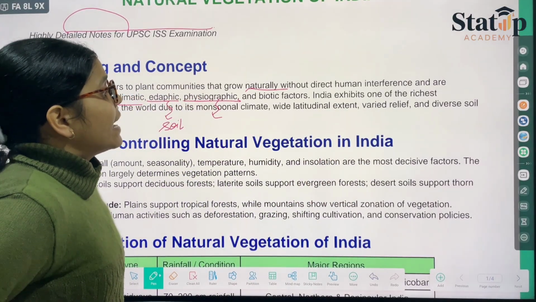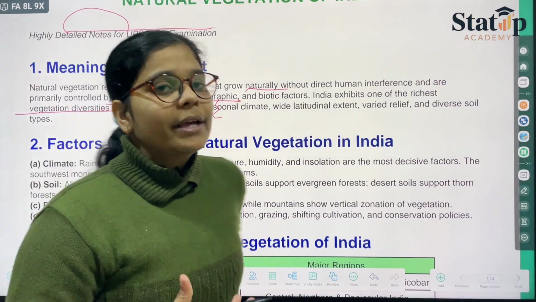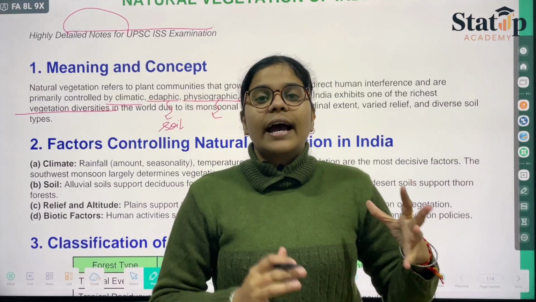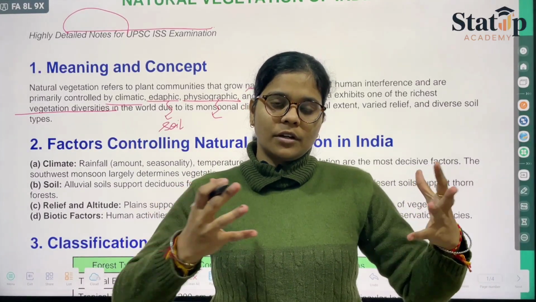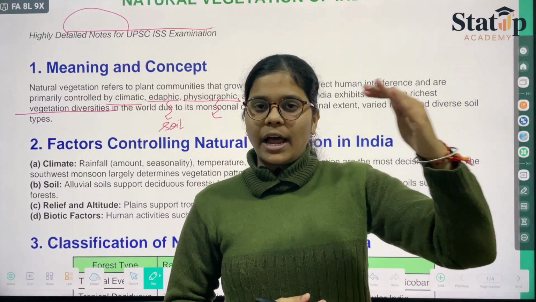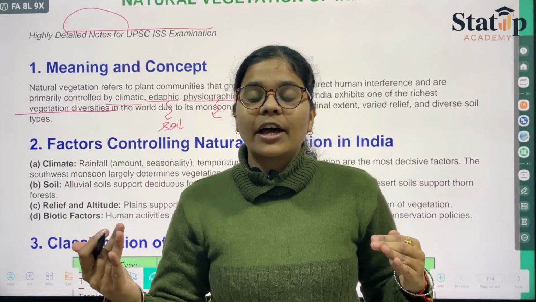Then we have: India exhibits one of the richest vegetation diversities. On this, the question could be asked, why is it said that India has diverse vegetation? You will have to explain and mention all the types of vegetation found in India, and why it is so diverse.